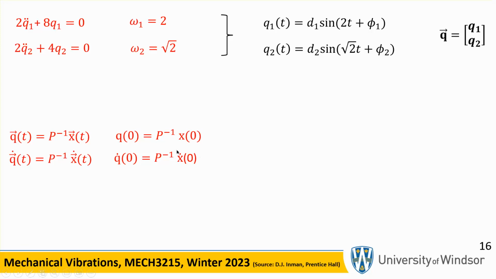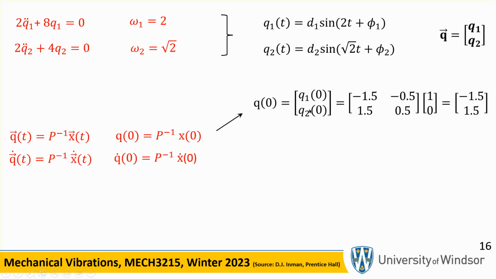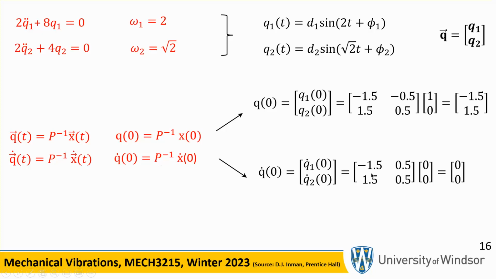This was the 0 vector. This was the vector 1 millimeter and 0, right? You just plug it in right there. And that will give us the initial conditions in terms of Q1 and Q2. And for the derivative, these were the initial conditions for X. You plug it in, you're going to get 0 and 0.